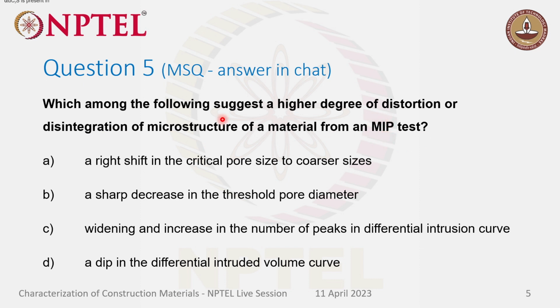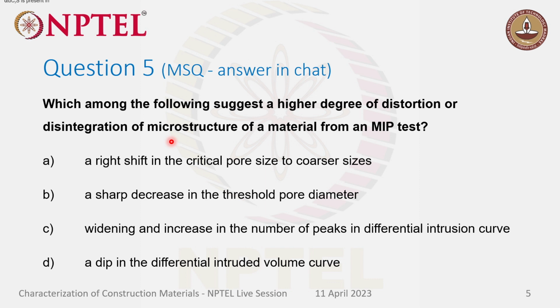So here, the sample we took has a higher degree of disintegration of the microstructure. We can assume, take a sample which we take for compressive strength measurement. Obviously there can be a lot of micro cracks within the sample, no?